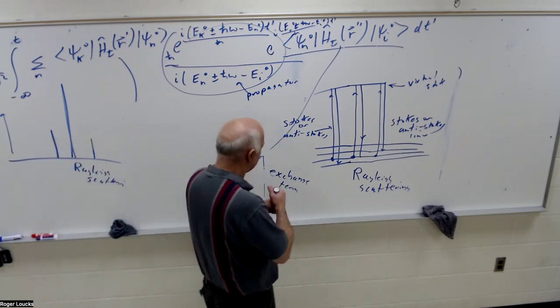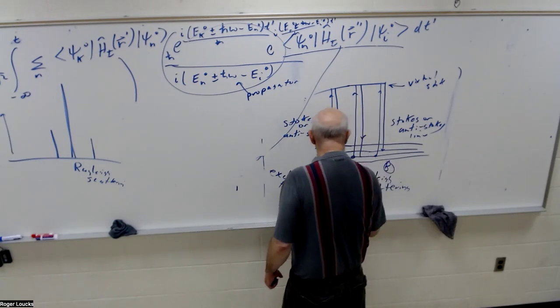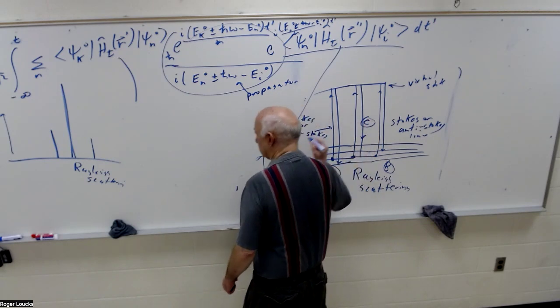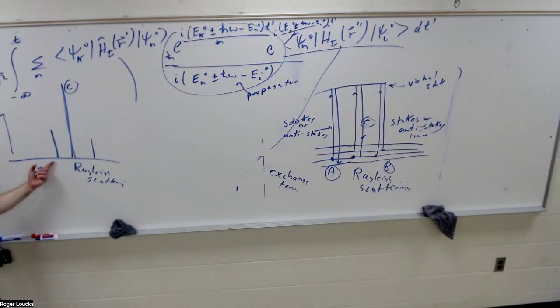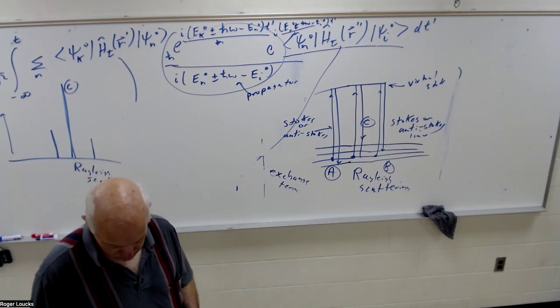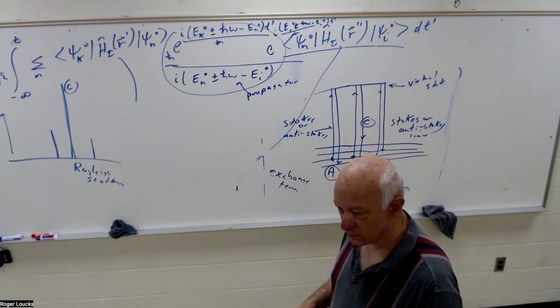So I'll call this one A, and I'll call this one B. Which one here is A and which is B, and why? Low wave. Release more energy, so it happens in the higher wave longer.